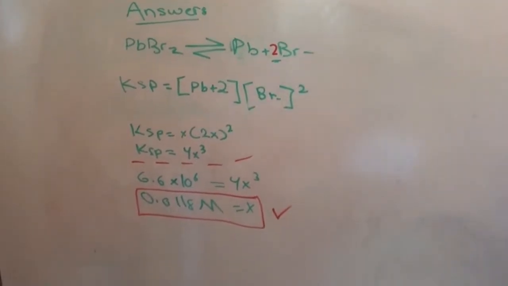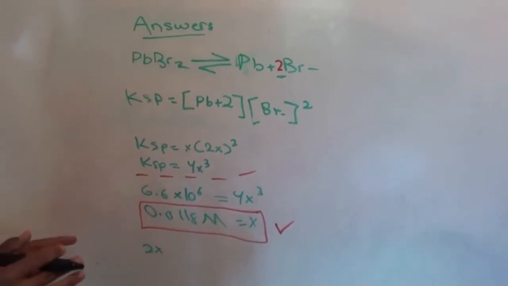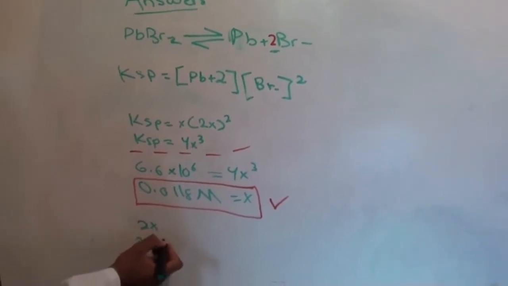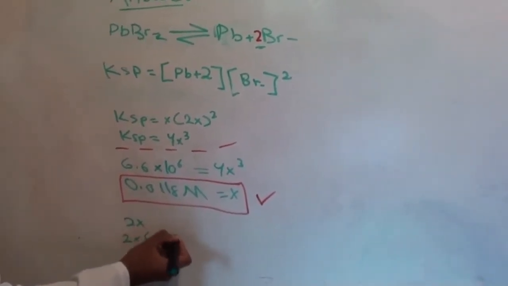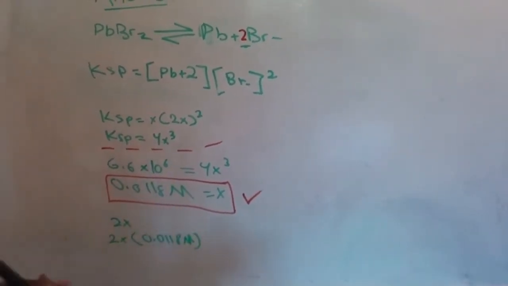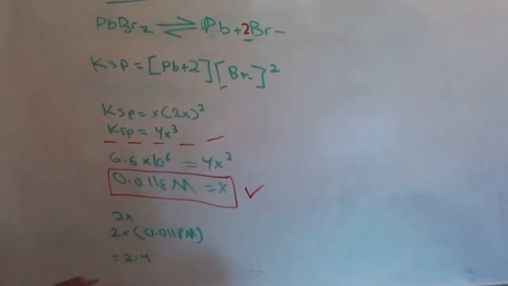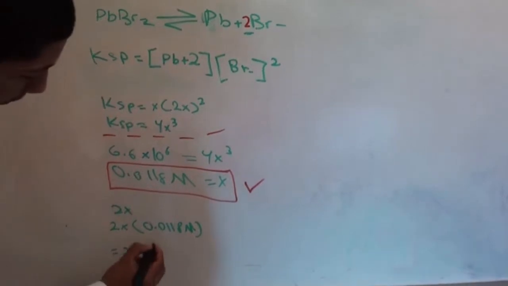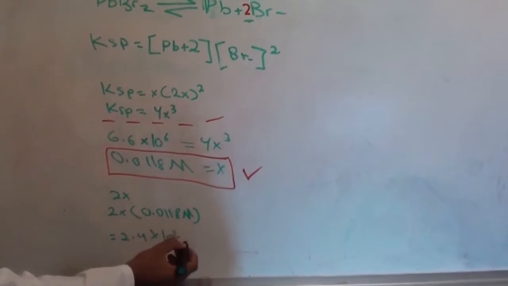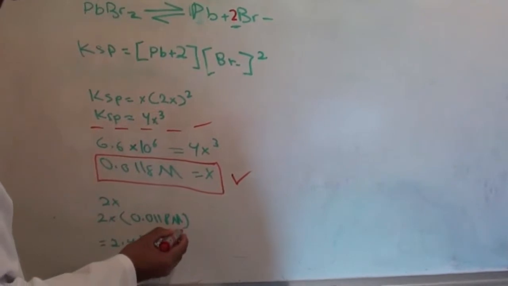The complete answer is to take 2x. So 2x equals 2 times 0.0118, which equals 2.4 times 10 to the power of negative 2, and here is the complete answer.